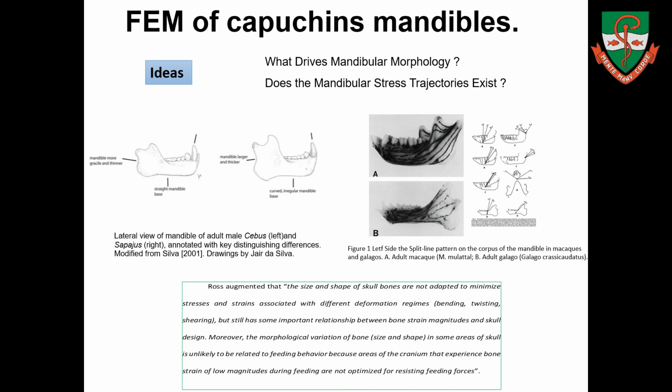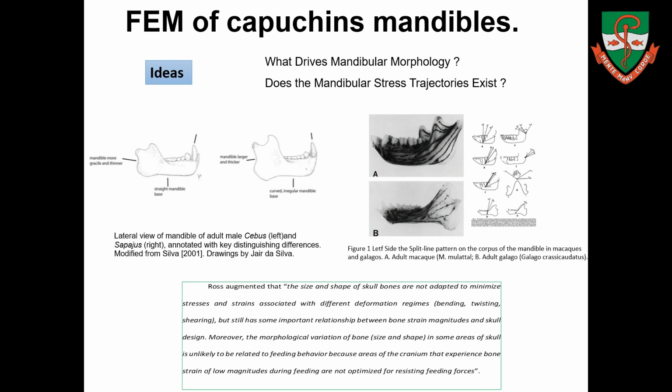They have a lot of variation in morphology. This is just an example of two types of capuchins, the cebus and sapajus. But we have more types of capuchins.